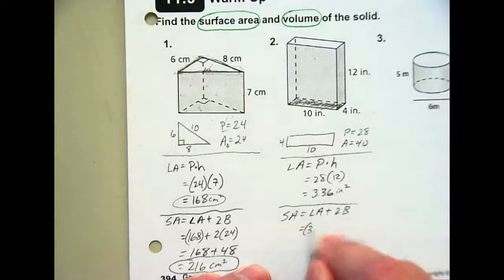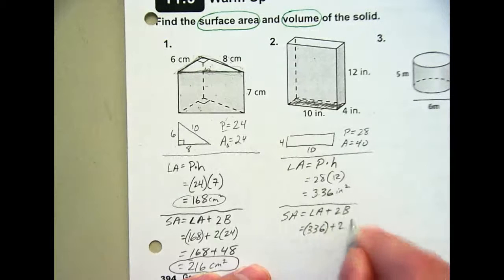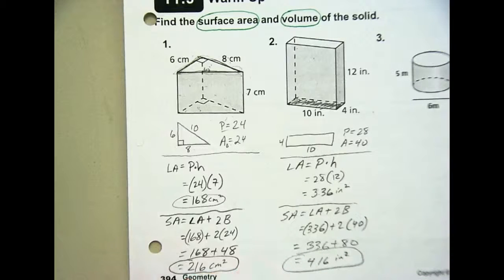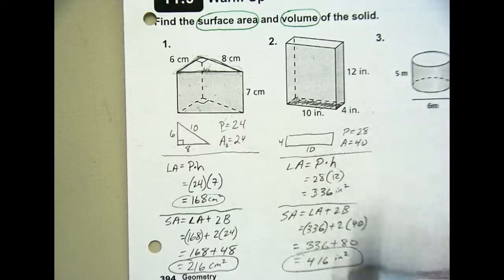So 336 plus 2 times 40, or a grand total of 336 plus 80, or 416 square inches. Now, how many got 416? How many did it my way? How many did the other way? Okay. Either way works. How many understand this method?